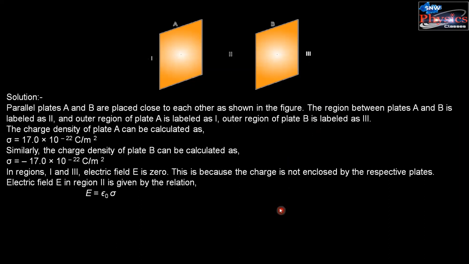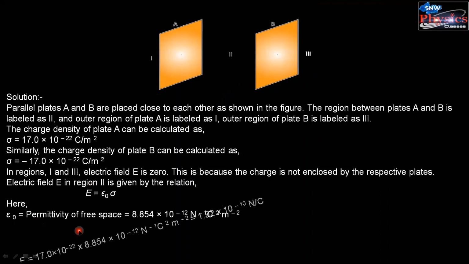Now let us proceed to the next part. Electric field E in the region 2, यानी इन दोनों plates के बीच में. Okay, it is given by sigma by epsilon naught, that is surface charge density divided by epsilon naught. Again, we will put the value of epsilon naught and also the value of surface charge density.